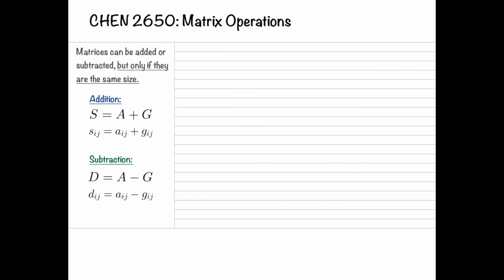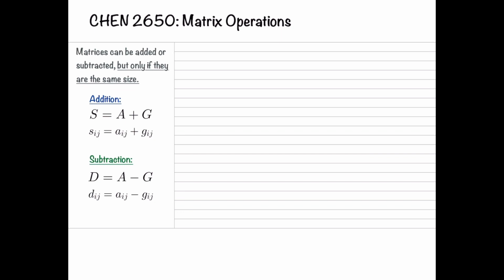Moving on to other operations, the next step up in complexity are addition and subtraction. Now, matrices can be added and subtracted from one another, but only in the case where they are the same size. What we can see from these two operations, they're quite similar as one might expect, is that it's simply done on an element-wise basis.